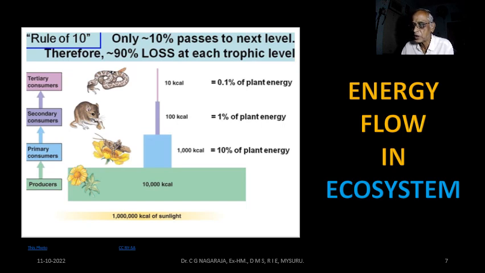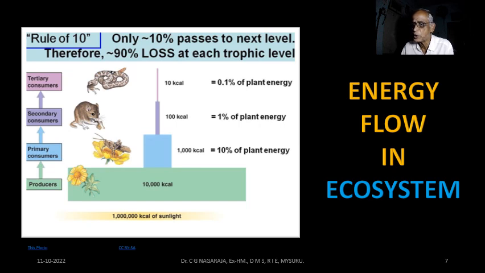Raw materials are derived from nature, like carbon dioxide and water, and the energy comes from only one source, that is the sun. S-U-N, Surya, if we say it in Kannada. So the sun gives the energy, and only a small amount of the sun's energy is used by plants.